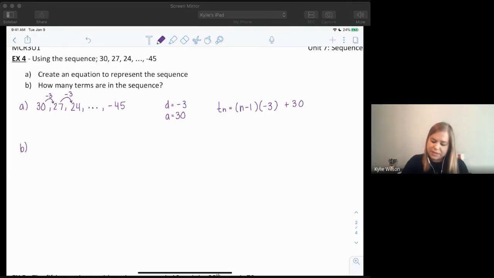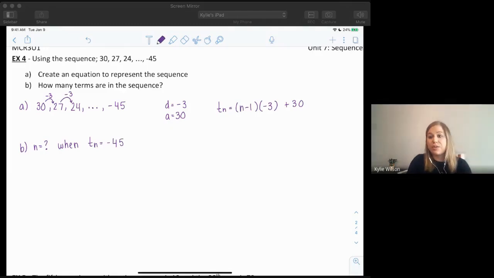So now let's do part B. We need to figure out how many terms are in this sequence. We know that negative 45 is our last term, so what we need to find is its term number. We're looking for n when our last term is negative 45.